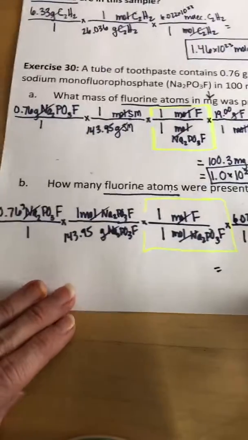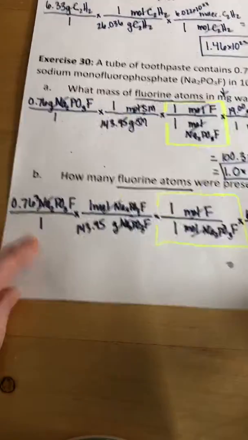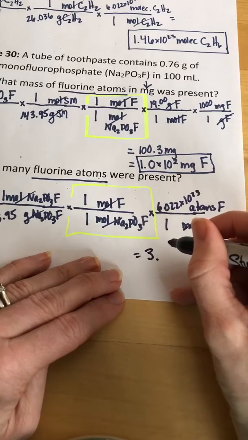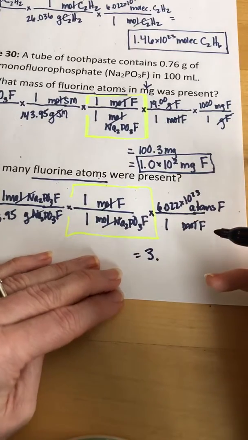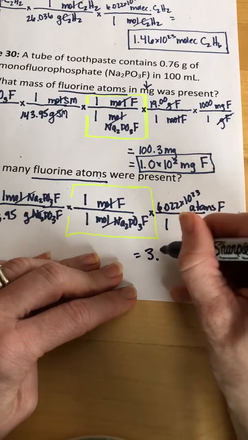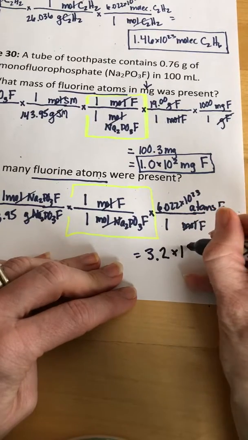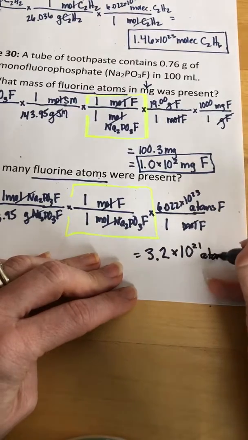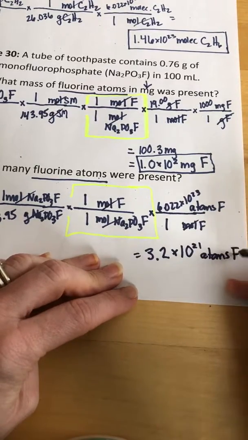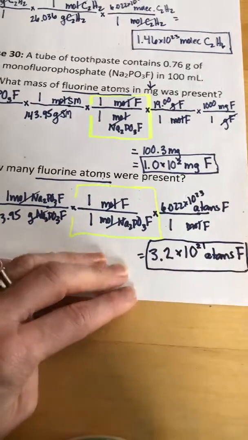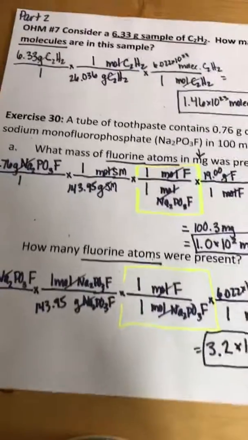Okay, if you multiply across the top, divide by the bottom, round your answer to 2 sig figs. If you use a toothpaste sample that has 0.76 grams of the sodium monofluorophosphate, that means that you're going to have in that sample about 3.2 times 10 to the 21st atoms of fluorine or fluoride. Okay, and there's that.